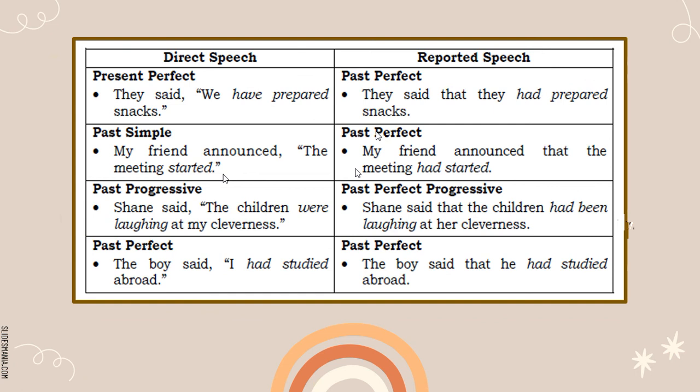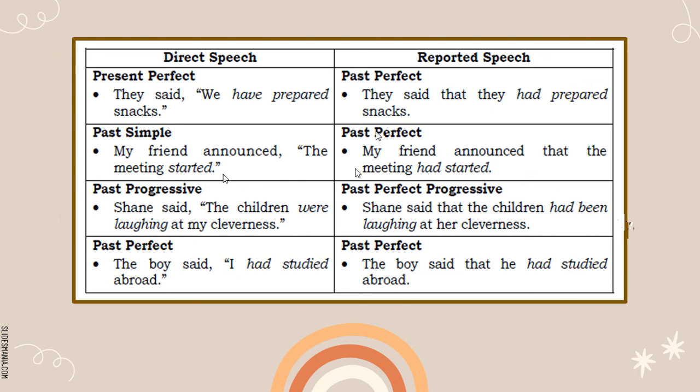For imperative request, the reporting verb said to is changed to requested, of course. So direct speech: he told me, "Please call me." Indirect speech: he requested me to call him. From the word told it becomes requested because that's an imperative request.